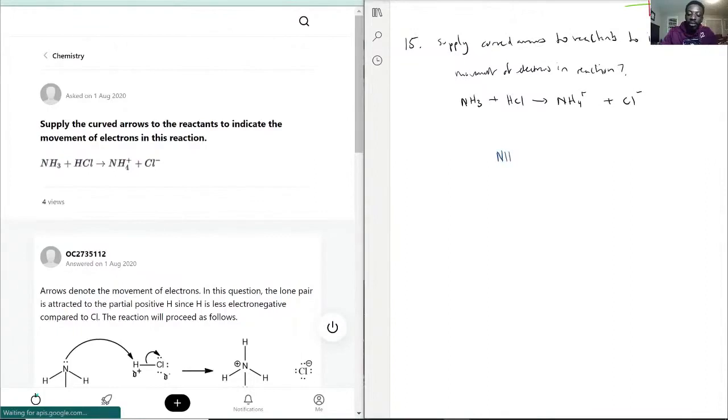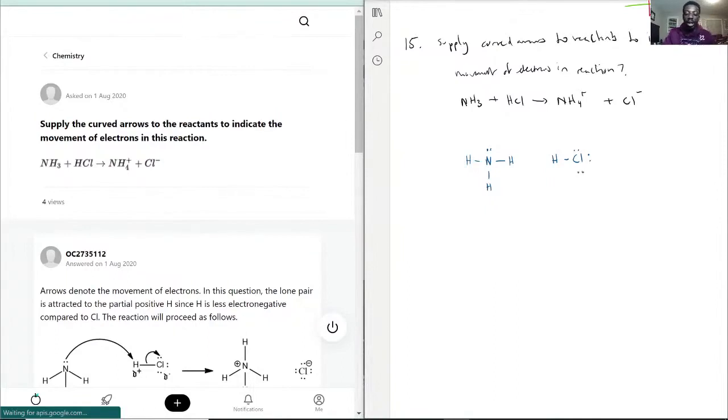So we have NH3, right? We have a nitrogen with a bond to each of 3 H's. And then we have HCl, which is bonded like this.